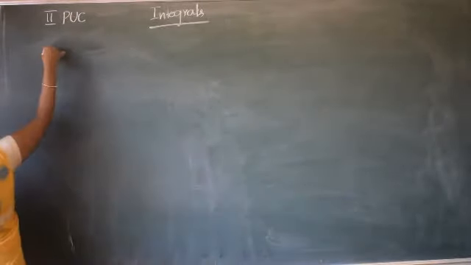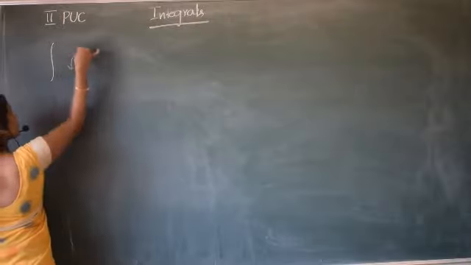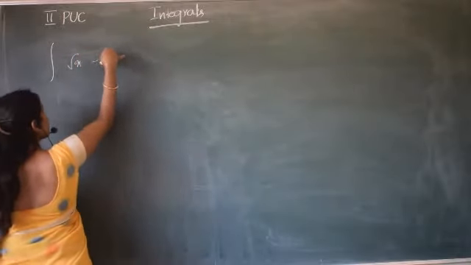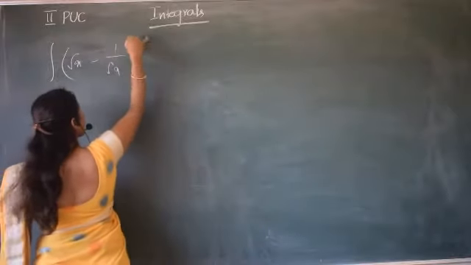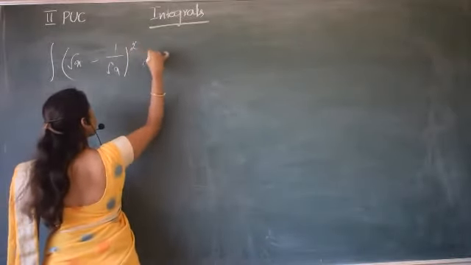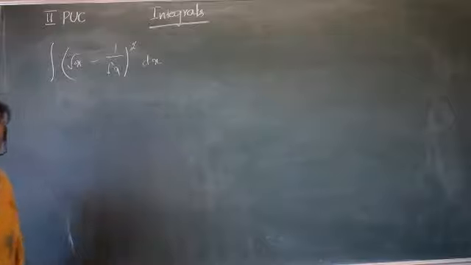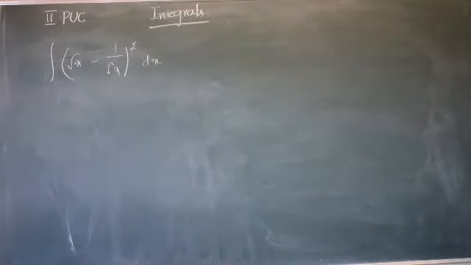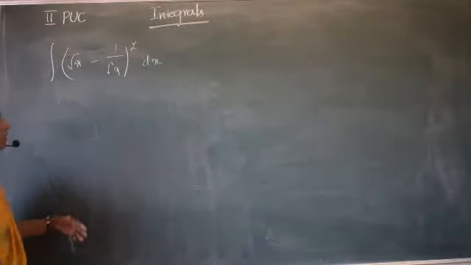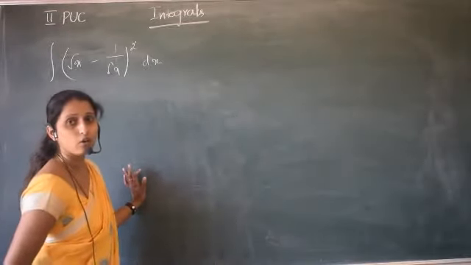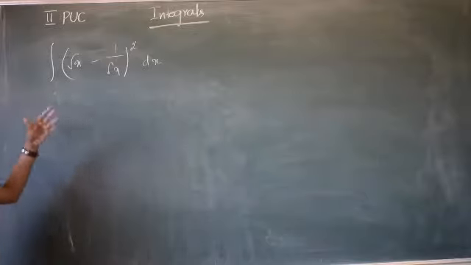Next one, integral of root x minus 1 by root x whole square dx. So now directly we cannot find it, as it is a whole square. So what we can do, we can apply the formula a minus b whole square. So what is a minus b whole square? We can simplify.